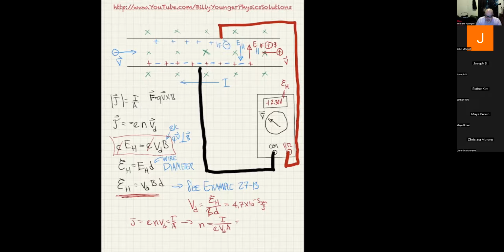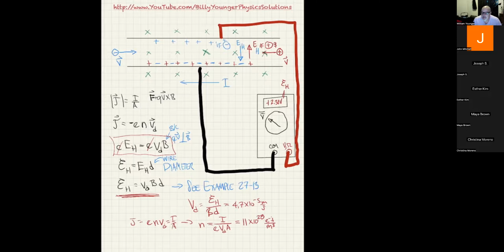And lo and behold, when you do this for copper, you get 8.5 times 10 to the 28th, and that's electrons per cubic meter, which lo and behold is exactly the theoretical value that we calculated when I showed you how to do that in chapter 23 or 24.